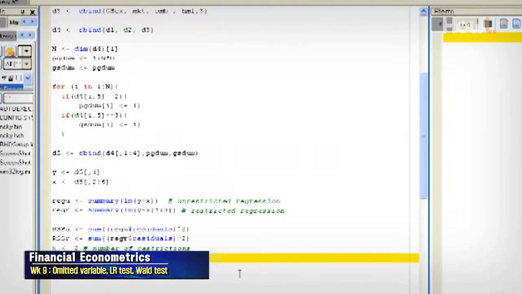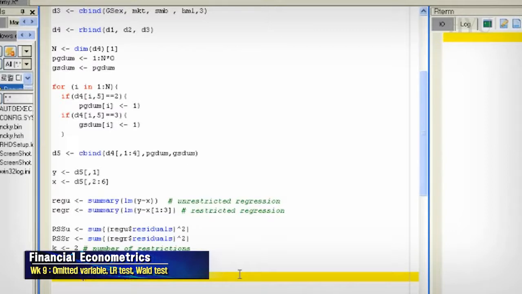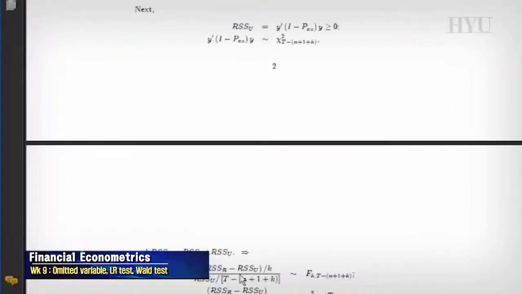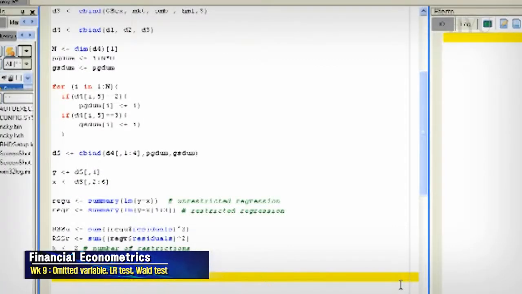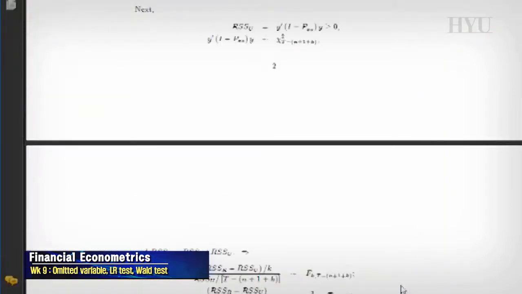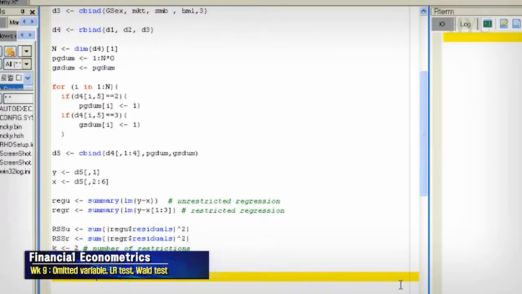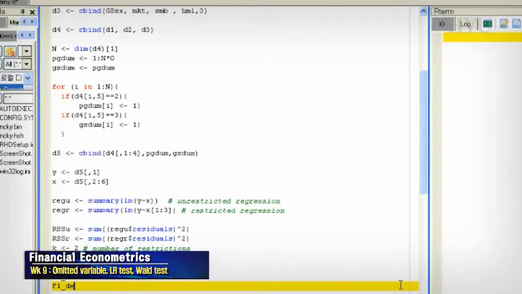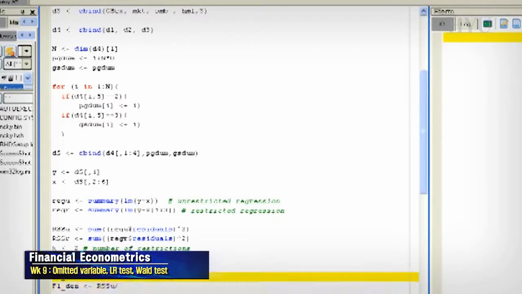Then we divide this by RSSU. The F1 numerator is RSSR minus RSSU divided by K, and the F1 denominator is RSSU divided by something.